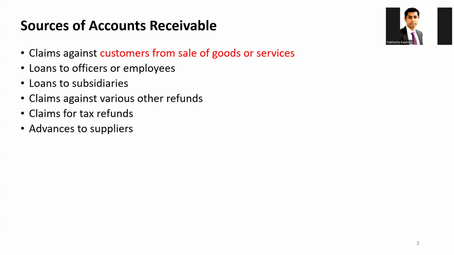And then why accounts receivable? Because the opposite side of revenue is accounts receivables. If you take a double entry, when we credit revenue for a credit sale, debtors will be debited. So that is why both sides are important.